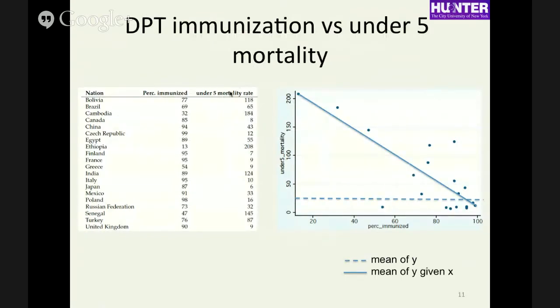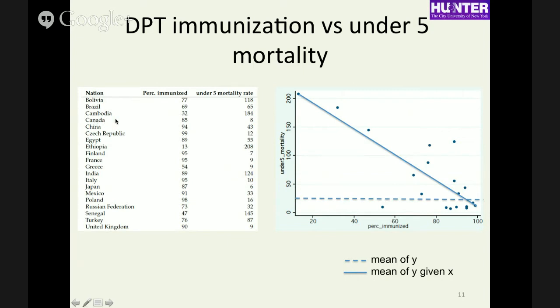Here's a real example of a regression: diphtheria, polio, and tetanus immunizations in a number of different countries plotted against under 5 mortality of children under 5 years old. So we've got countries: Bolivia, Brazil, Cambodia, Canada. So we've got some poorer countries, some wealthier countries.